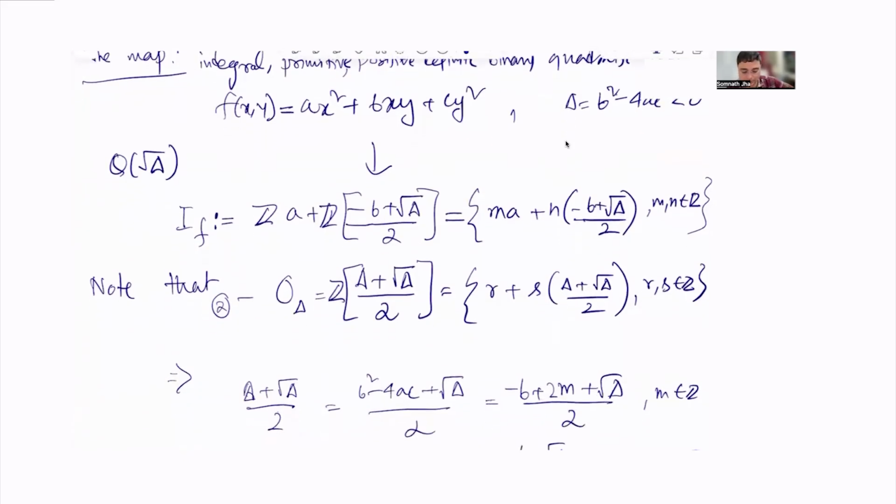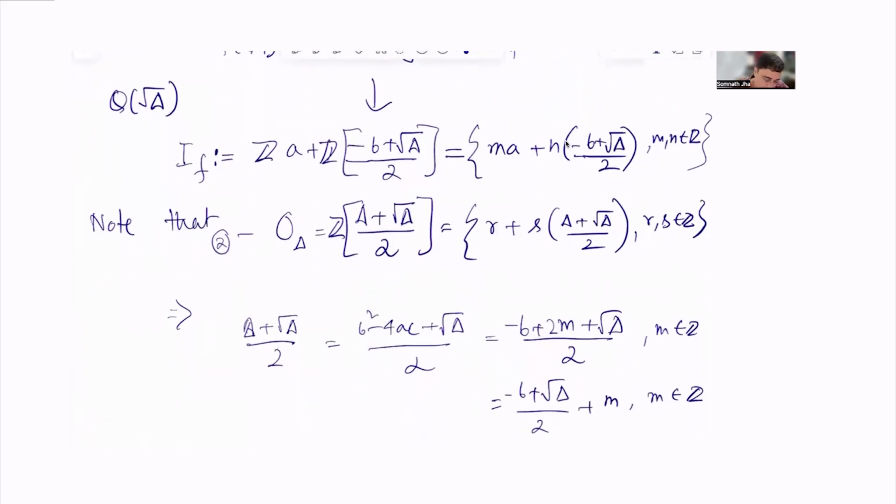But b square minus 4ac and b have the same parity, because 4ac is even. So b square and b have the same parity, so minus b also has the same parity. So this can be written as minus b plus 2m, just think for a moment, plus root delta over 2. So this is equal to (minus b plus root delta)/2 plus some integer m.